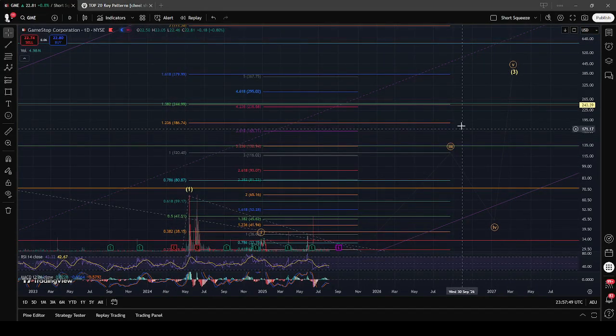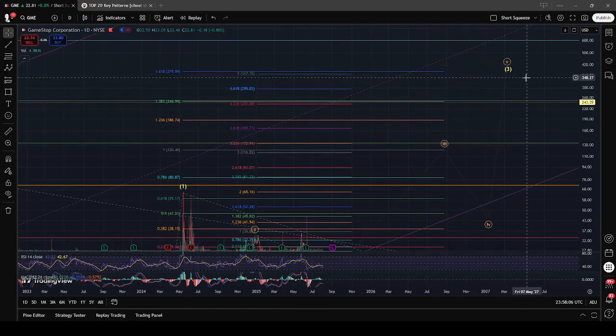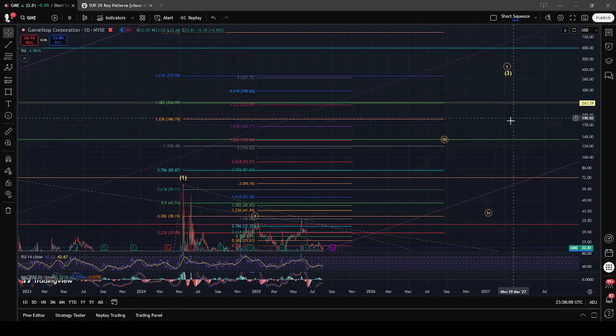For me, I'm anticipating it to reach this 1.618 level of about $380. That's my technical thesis, that it's going to go to this area in the bigger wave 3.